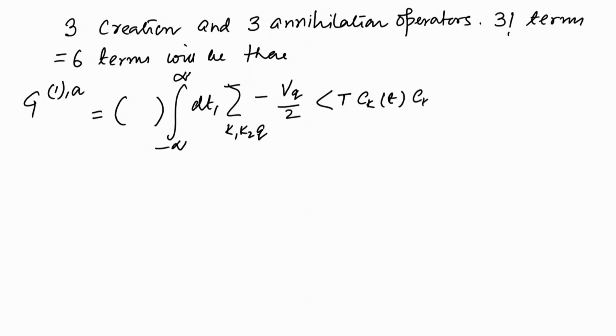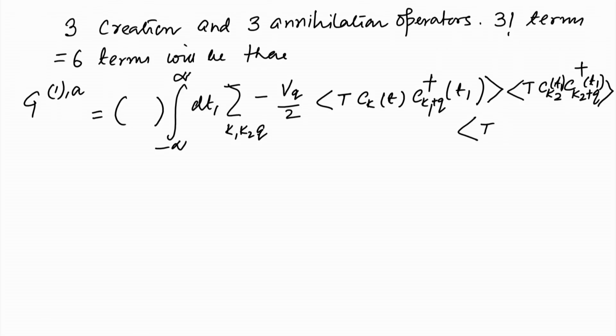So, this is Ck at t with Ck1 plus q dagger at T1, and then there is a time ordered product of Ck2 minus q dagger at T1 and Ck2 at T1, and then there is a third term which is T with a Ck1 at T1 and a Ck at T prime dagger. So, these are the 3 terms.